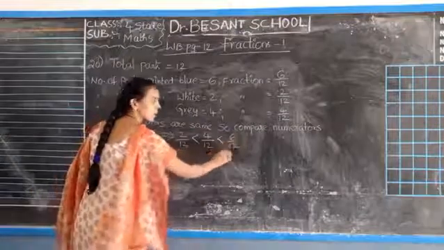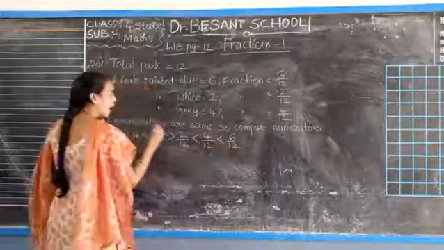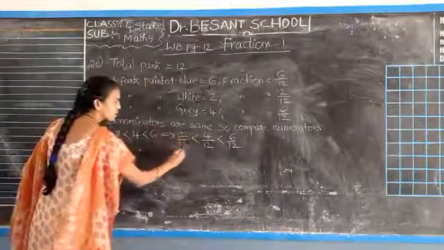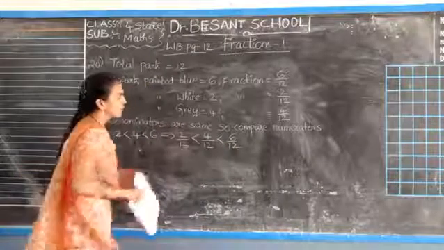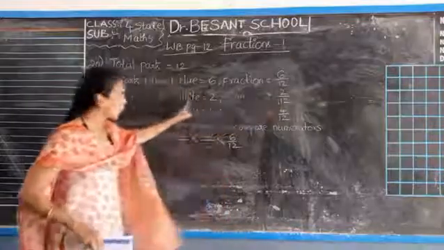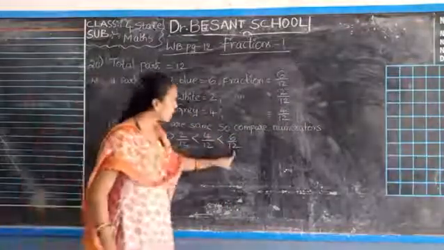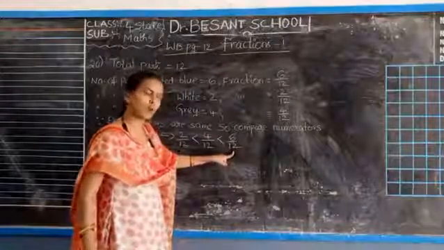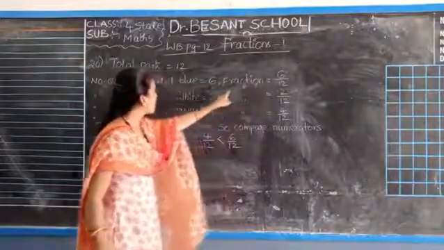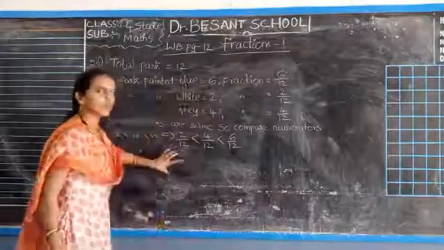This is the greatest fraction, yes. That means the fraction 2 by 12 gives us which color? White color. So white color is used the least. And which color is used the most? Most means more. 6 by 12 means which color? Blue color. That we are going to write now.